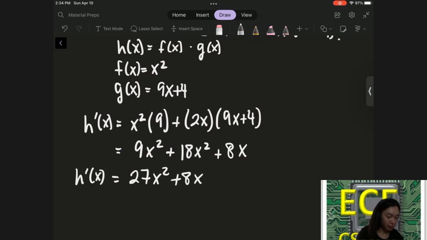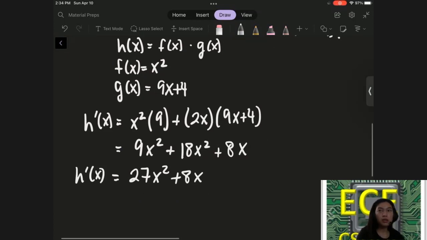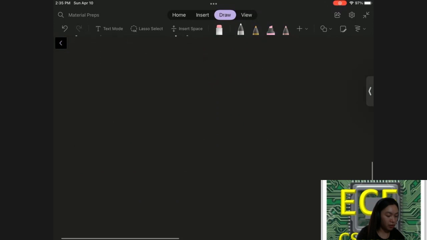Pretty good, doing good. Okay. Moving along, we will talk about the quotient rule next. How do you spell quotient? Q-U-O-T-I-E-N-T. Okay, rule.